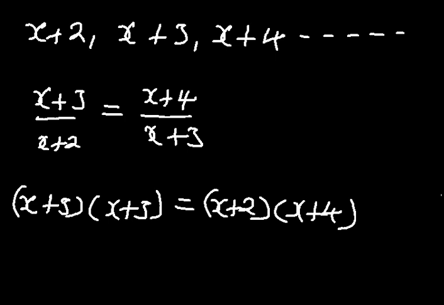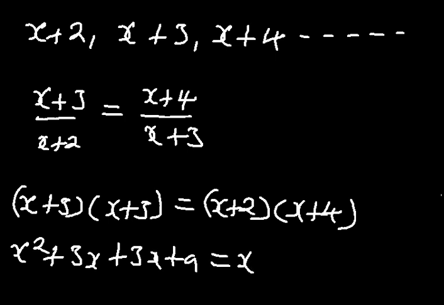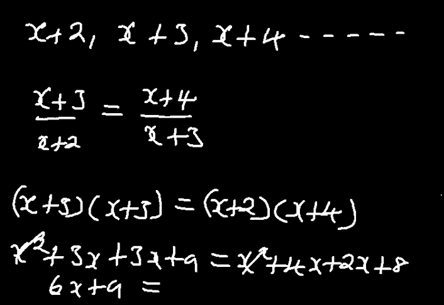Now that is the case, what goes next is that we'll have to expand. That will be given as x squared plus 3x, plus 3x plus 9, which is equal to x squared plus 4x plus 2x plus 8. So in this case, the x squared will cancel. We'll have 6x plus 9, which is the same as 6x plus 8.